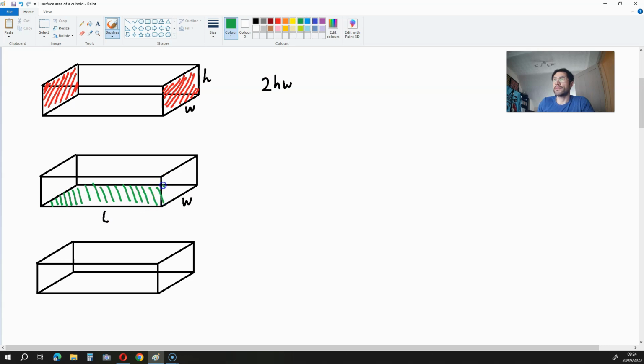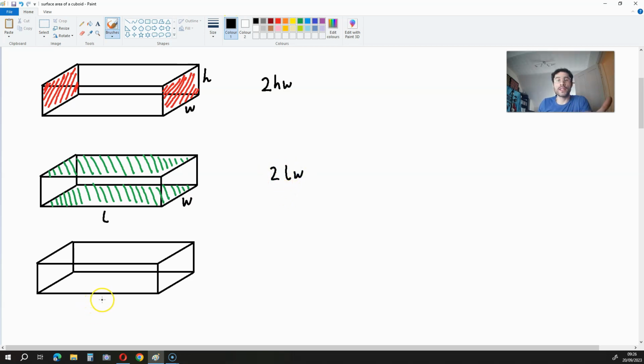So that's the bottom face and the top face. So one of these faces will be L times W, but we actually have 2 of these at the bottom and the top. So for the bottom and top faces, we have 2 times LW.